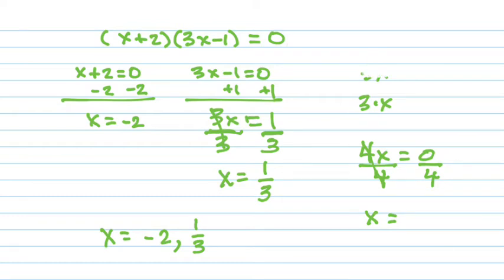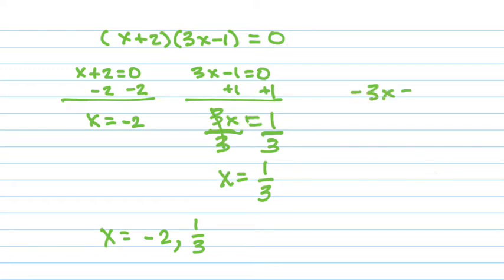And that brings me to something else. Be careful if it's a negative. Now, when you factorize something, your x is never going to be negative, but it could happen. Say it was negative 3x equals 2. I need to divide by not just the 3, but I need the negative and the 3 to divide away. So be careful with that if you have a sign. Now, again, when you factorize something, you're never going to have a negative x there.